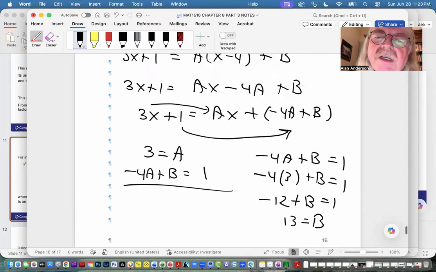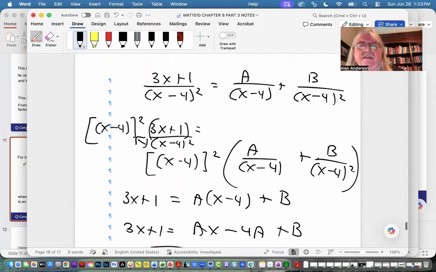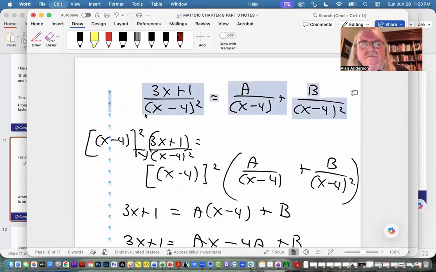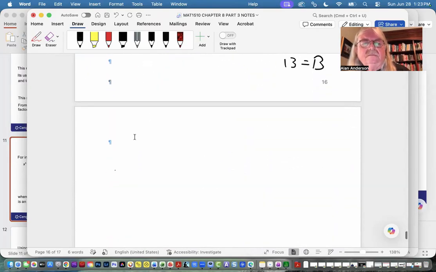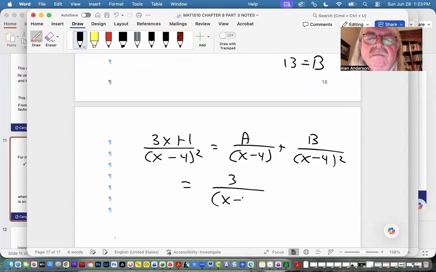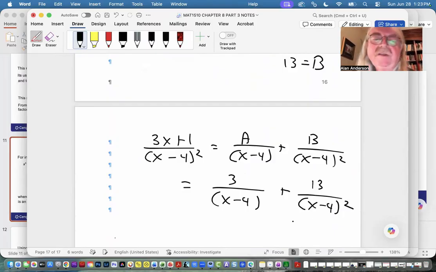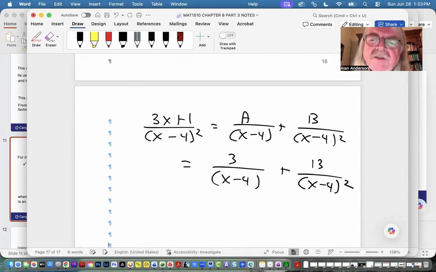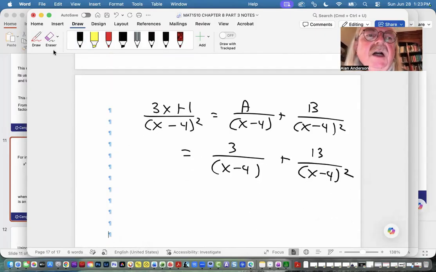So finally, when we're done, we have 3 and 13. So we just substitute, and we're done. Now, of course, if this is an integration problem, then we carry on from there. But as far as the partial fractions are concerned, this is all we have to do.